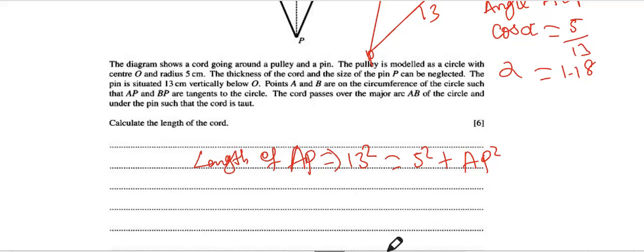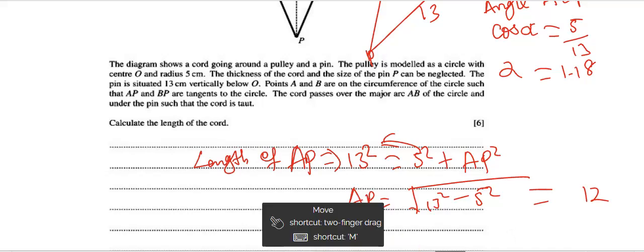Then to find AP, we will simply take the square root of 13 squared minus 5 squared, which is 25, and if you simplify this, you should be able to get 12, right?